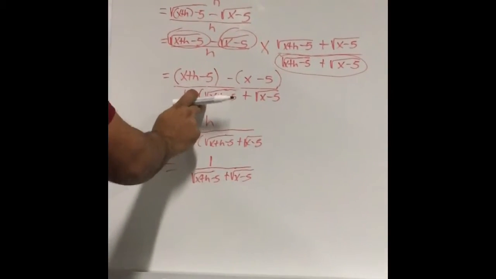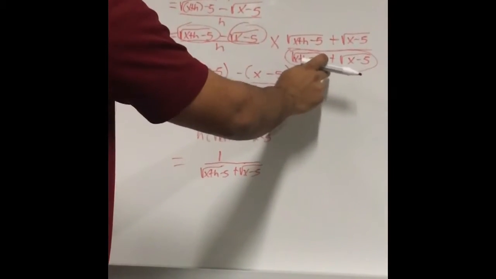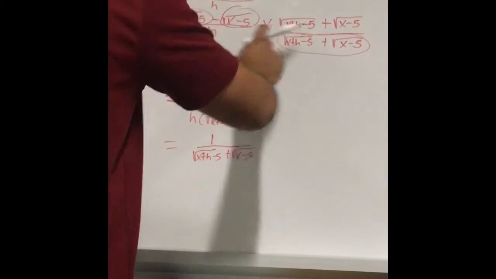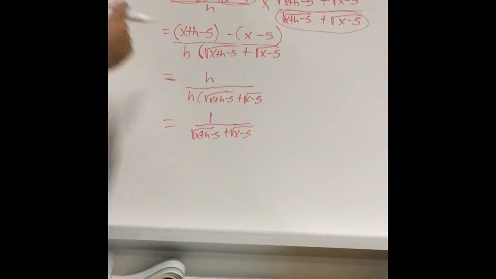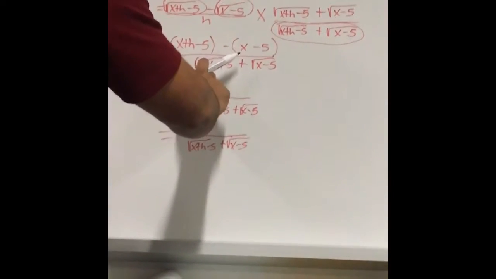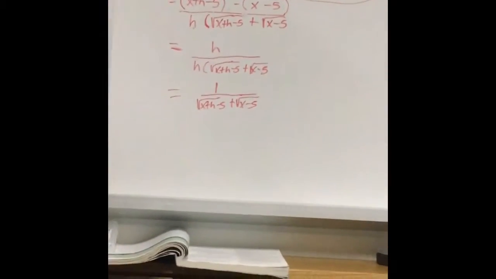We got this bottom by multiplying the bottom of this part of the equation by h, which gave us h times root x plus h minus 5 plus root x minus 5.